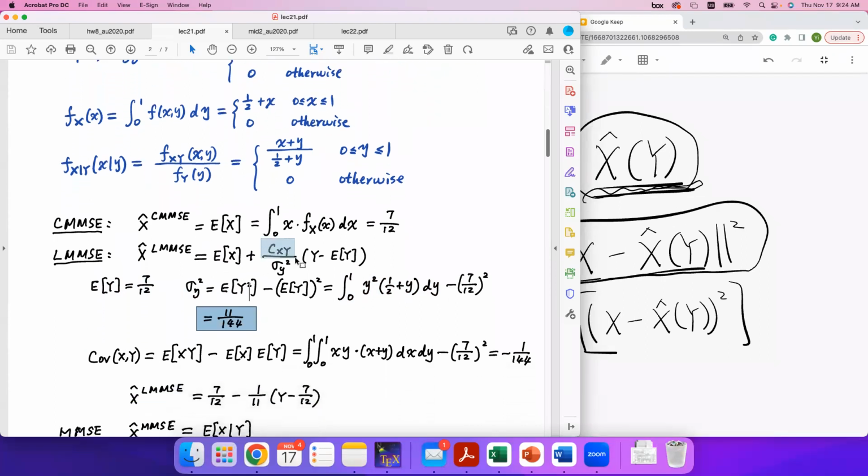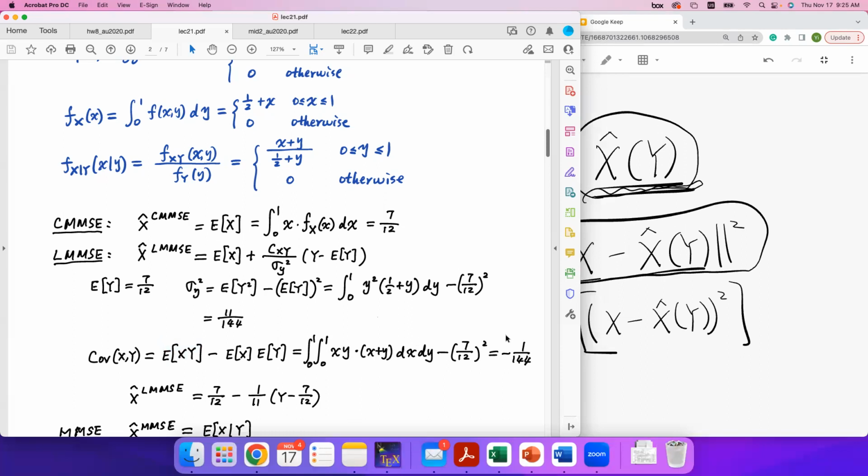Now, the numerator term is the covariance between X and Y, which is given by the correlation minus the product of the means. These two mean values have been calculated, so we just need to calculate the correlation. The correlation is the expectation of the product, so we take a double integration of this product times the joint PDF.